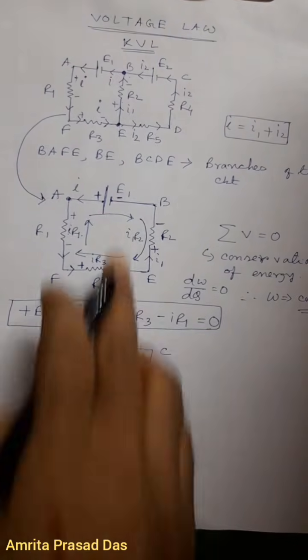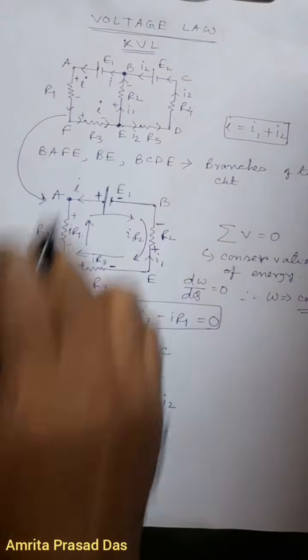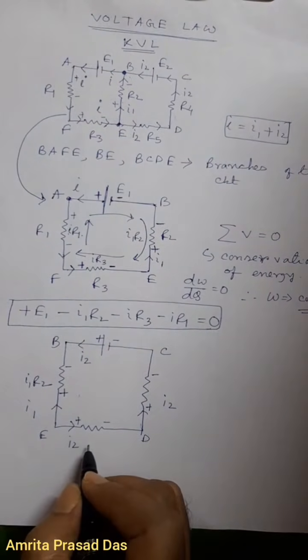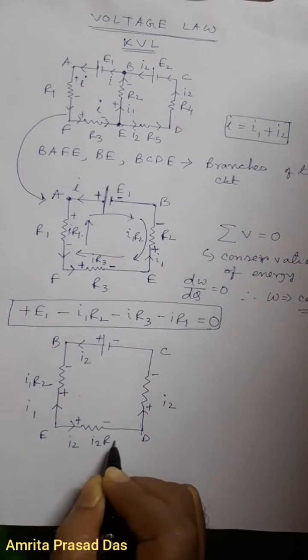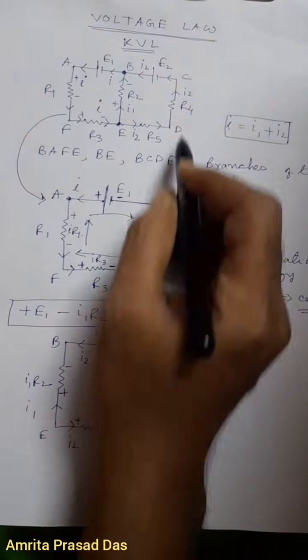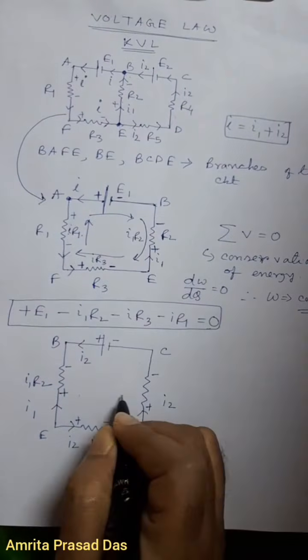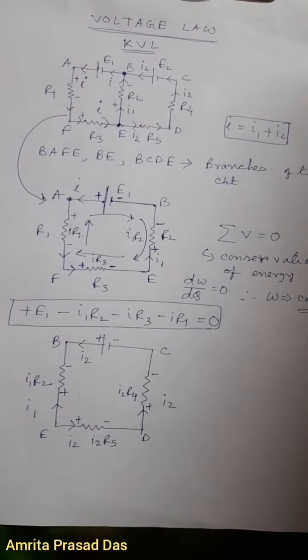Now the potential difference across R2 is I1 R2. The potential difference across R5 is I2 R5, as I2 current is flowing through this, and the potential difference across R4 is I2 R4 because I2 current is flowing through this.